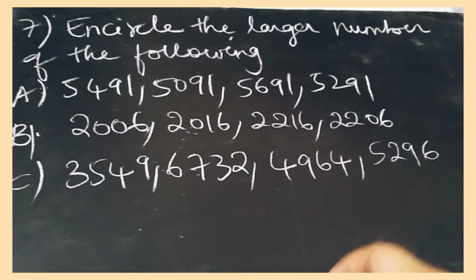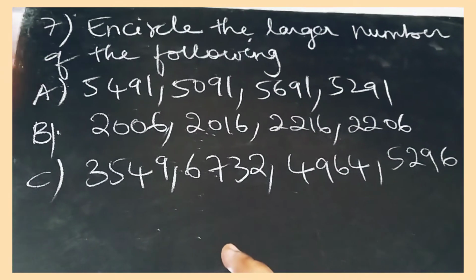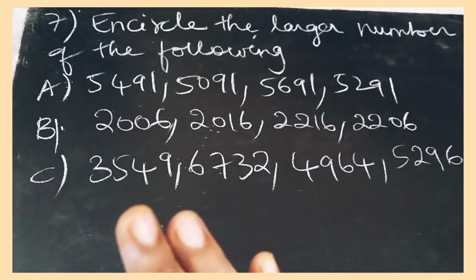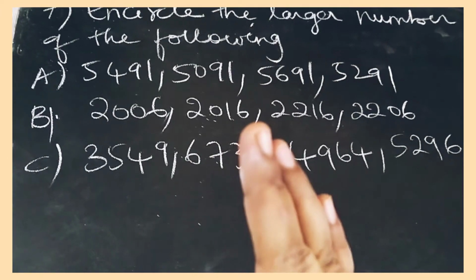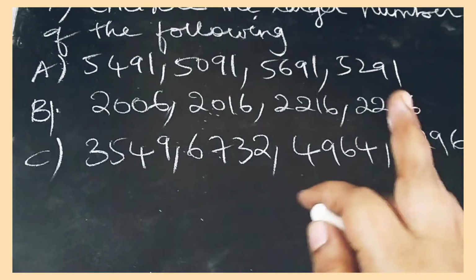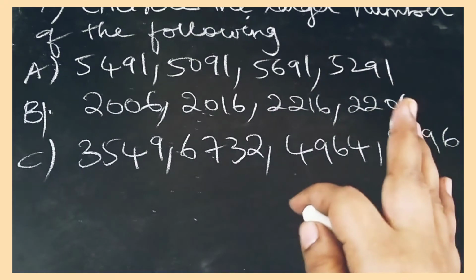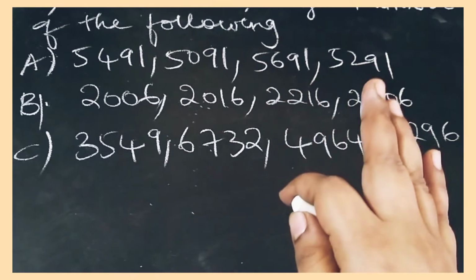Seventh sum is encircle the larger number of the following. In the A bit we have 5491, 5091, 5691, 5291. 5000 is given in all the numbers, but here 400, here 91, here 600, here 200.